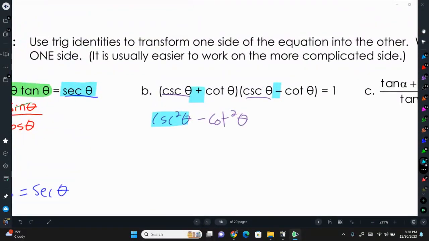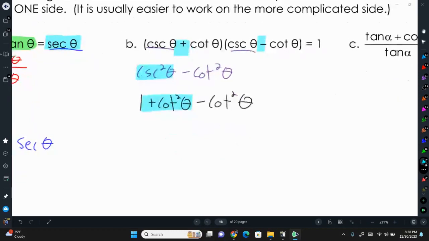Cosecant squared is equal to 1 plus cotangent squared theta minus the cotangent squared theta. Those two are identical. And then when we combine like terms, we have cotangent squared minus cotangent squared, which is 0. So we have 1 equals 1, which is what we wanted to have in the first place.